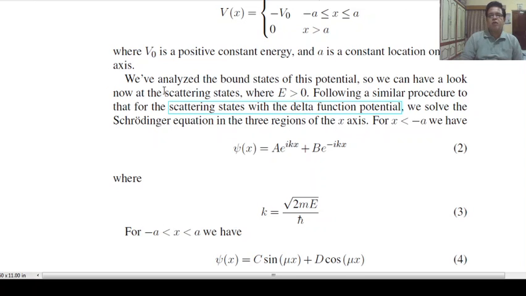There are two different problems for the finite square well potential, for energy negative and energy positive. For negative energy we got the bound states, and for positive energy we have scattering states. Following a procedure similar to the scattering states of the delta function potential, we solve the Schrodinger equation in three regions.